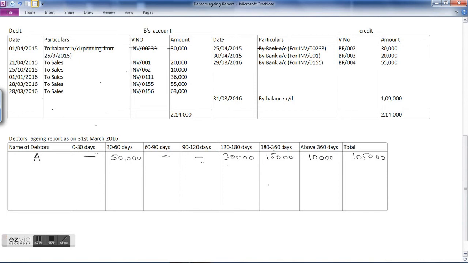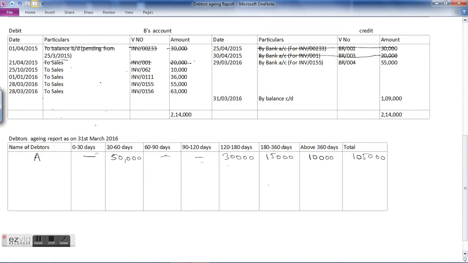So this gets knocked off. Then by bank account for invoice number 001, 20,000, so this also gets cancelled, this is no more outstanding.